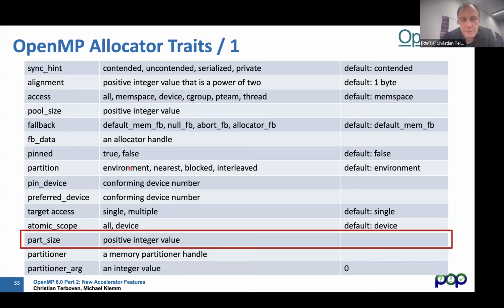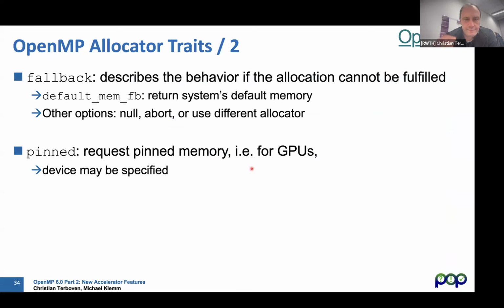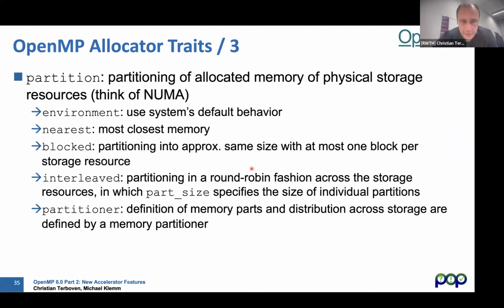So we can ask the environment to do that, meaning the operating system, use the nearest memory, or use some kind of blocking and interleaving. So I said this already. This is also what I already talked about. So what's new is that I will show on the following slide how interleaving can be used, and then later on I will talk about the partitioner.